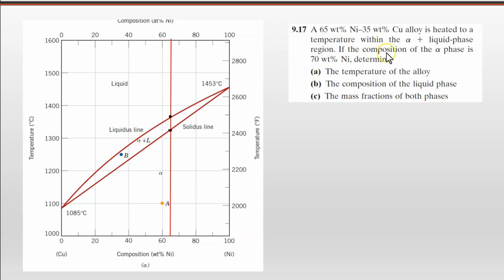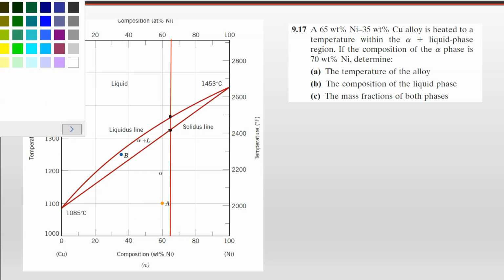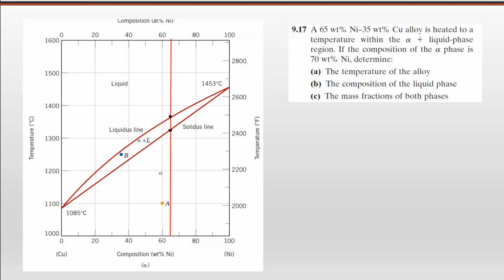It says here if the composition of the alpha phase is 70 weight percent nickel. So where is 70 weight percent nickel? Right here. So let me draw another line, I'll draw that in green. Wrong color, let me just change that.